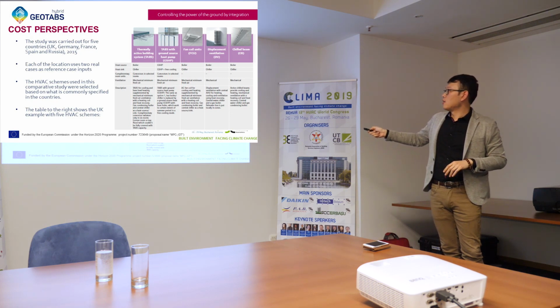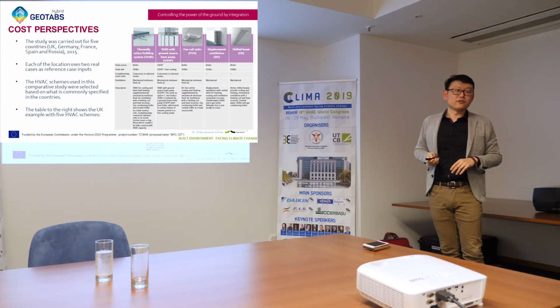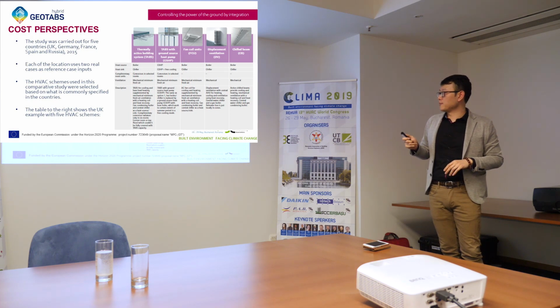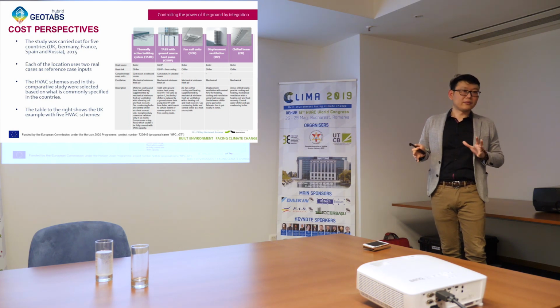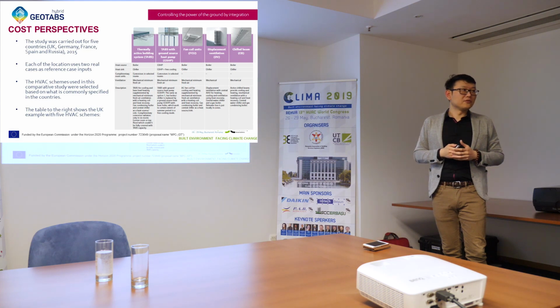All these 3 are connected with a boiler for heating and a chiller for cooling, but instead taps work with ground source heat pump and passive cooling. So this is basically the concept of the comparison to see how exactly taps with hybrid GEOTABS can provide cost benefits, because this is very important for all the stakeholders if you want to use a tap in your future design. Okay?